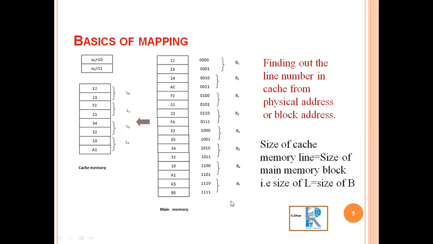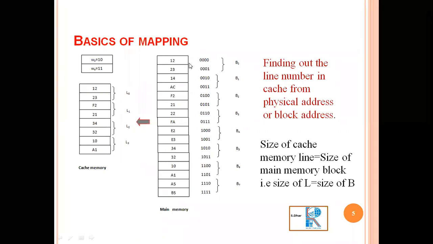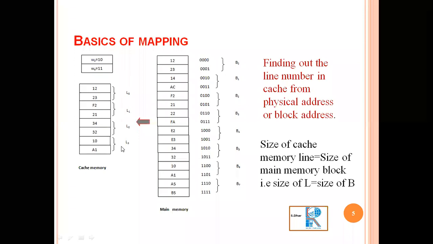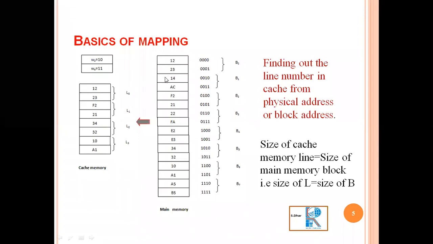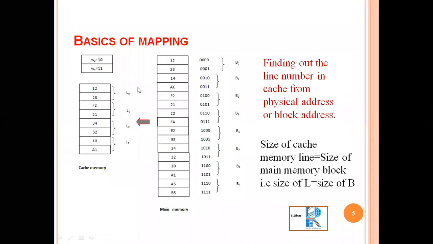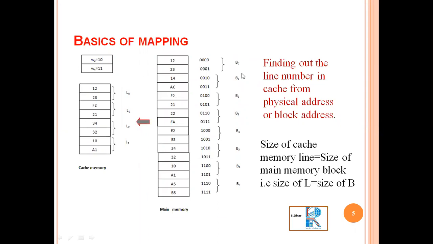Now we have to find out how to generate this line number. That means this block number will store here. Here we can store here, here, here, or here. That means there are 4 lines. Any blocks can be stored in any of the 4 lines. Now how to find out which block will be stored in which line? That means how to generate the particular line number from the block number of a particular set of program.